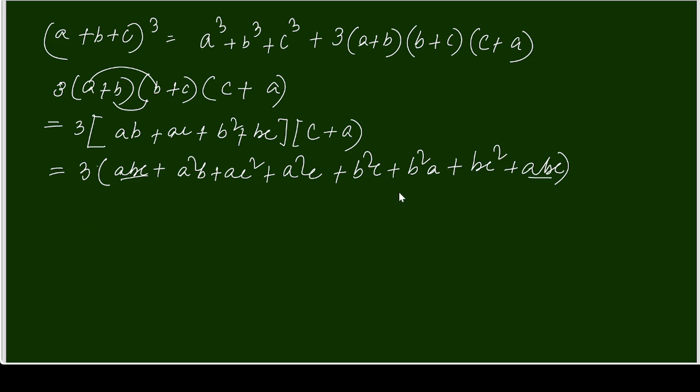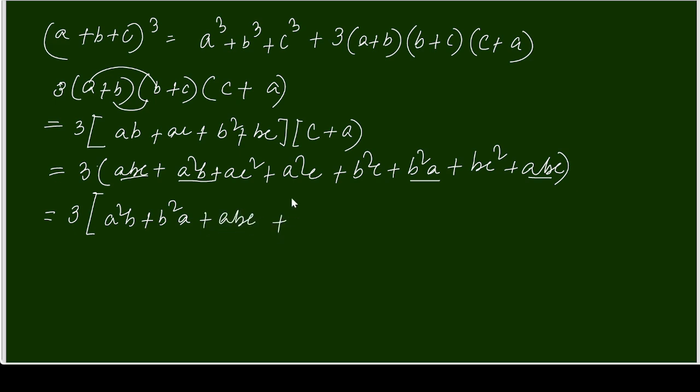Here what I need is another A plus B plus C, so that I can factorize this to get some result which I can use. So for that I am taking A square B, B square A and 1 ABC together.